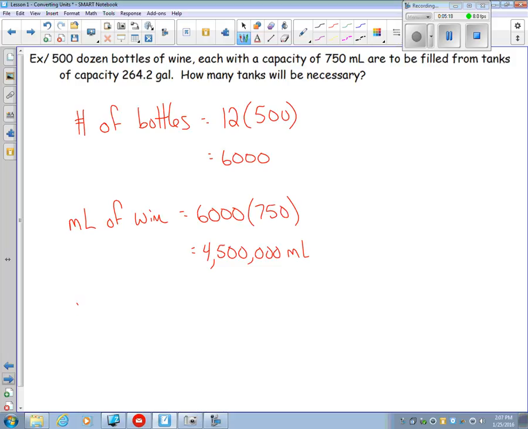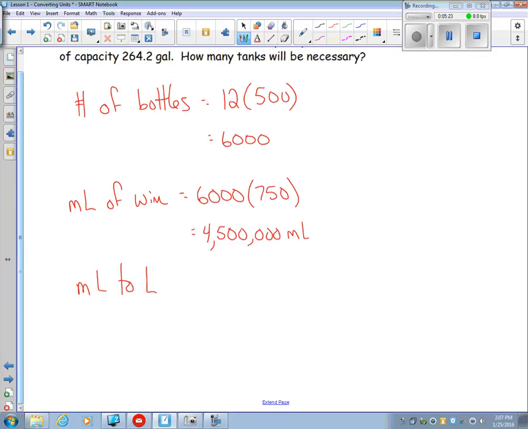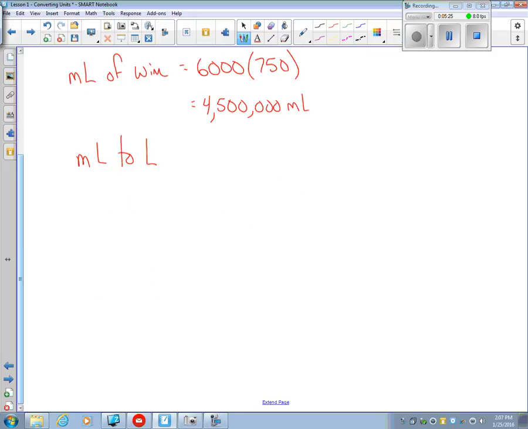So if I can turn my milliliters to liters using our first initial idea, I'm going to be dividing from a small unit to a big unit, in particular dividing by 1,000, 3 steps up. I will end up with 4,500,000 divided by my 1,000 per of 4,500 liters. That's how much wine I need to have to fill up these bottles.